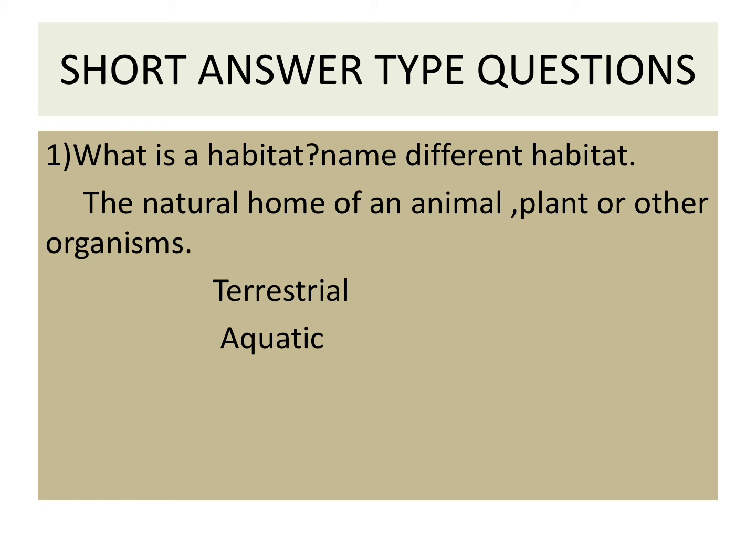Terrestrial, aquatic. Okay children, now I read this again. What is a habitat? Name different habitats: the natural home of an animal, plant, or other organisms. Terrestrial, aquatic. Okay. Then second one.